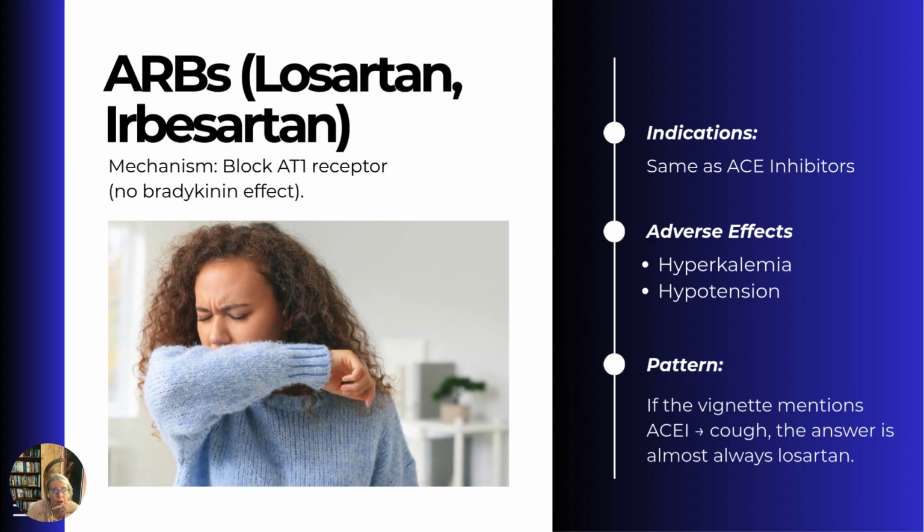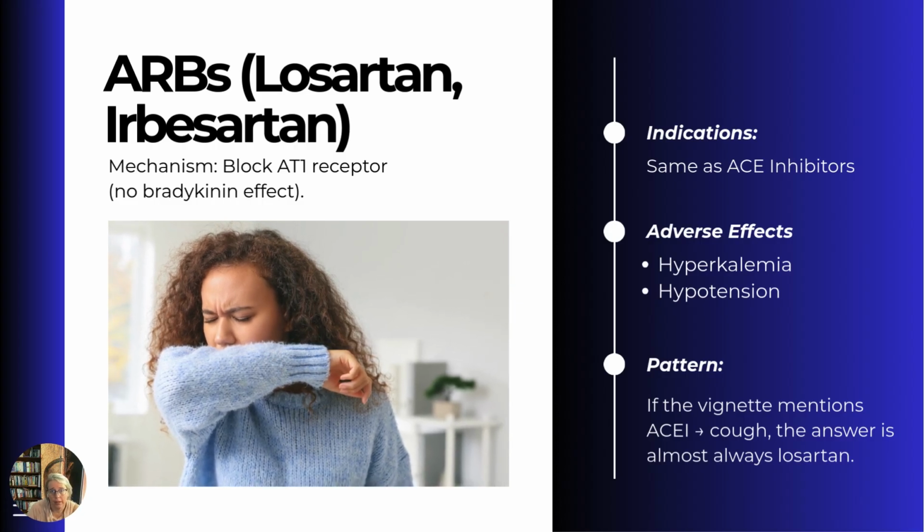Okay, so the ARBs are the same pathway a little bit, right? But it's upstream, so we're not going to stop that bradykinin step from working, and it's a little bit less effective at lowering blood pressure. The losartans and irbesartans have no bradykinin effect.